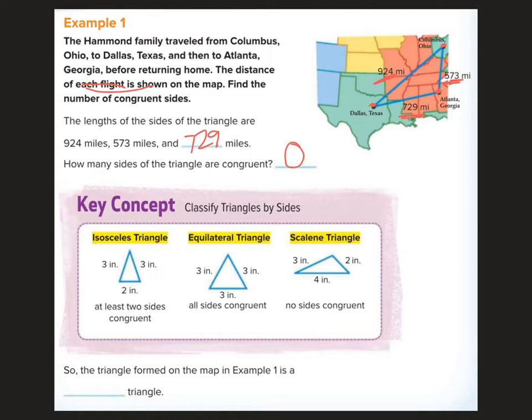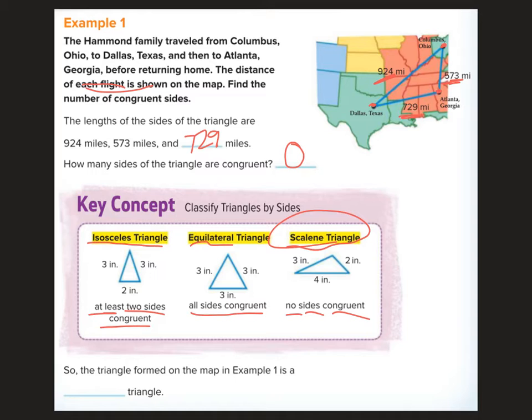0, zip, nada. So if 0 sides are the same, that means this kind of triangle is a scalene triangle, no sides congruent. Isosceles triangles have at least 2 sides congruent. And then equilateral triangles have all sides congruent.